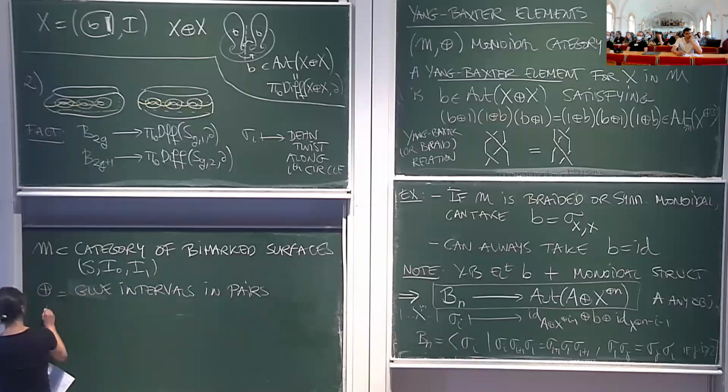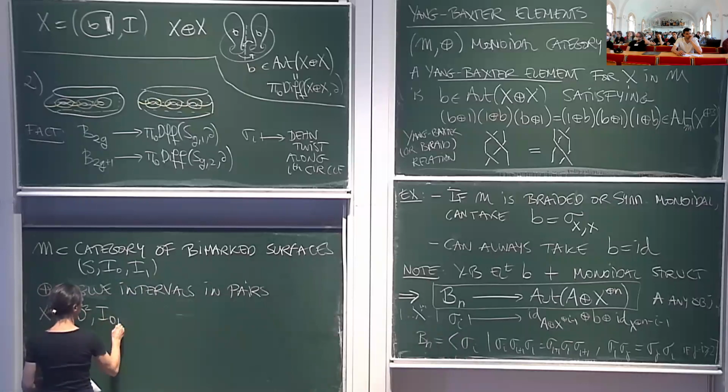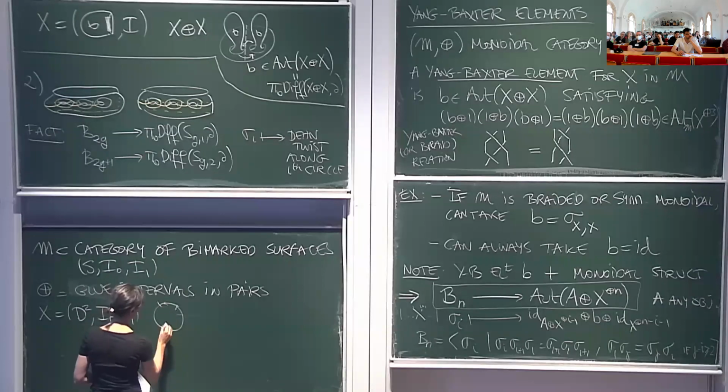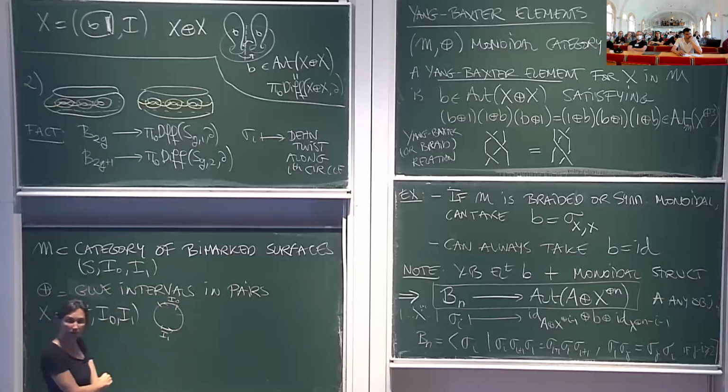Then I'm going to take X to be the simplest element here, which is a disk with two intervals in its boundary oriented in the same way, like this. So this is my I0, I1. That's at least an object in the category.